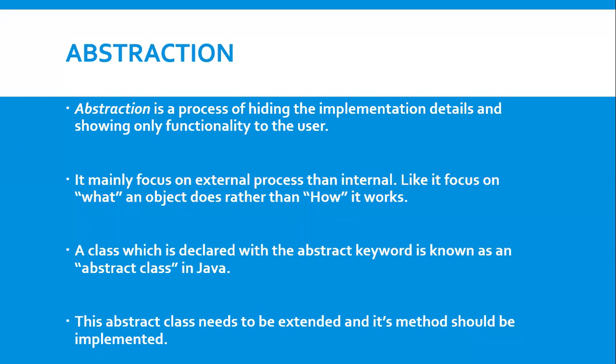Those abstract methods aren't defined in the abstract class, but will be implemented in the classes which extend this abstract class, that is, the child classes of abstract classes are going to implement the methods in the abstract classes.